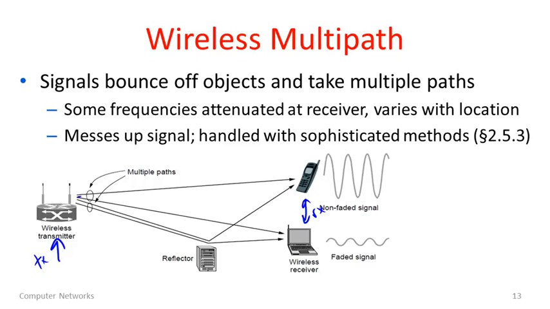The signal from the transmitter is going to be sent out in all directions. Some of it might go directly to the receiver. Another bit of it might go in a different direction, but bounce off a filing cabinet, the classic thing, and also arrive at the receiver. The receiver will then see two different signals that arrived over multiple paths. These signals will be superimposed, so they will add.